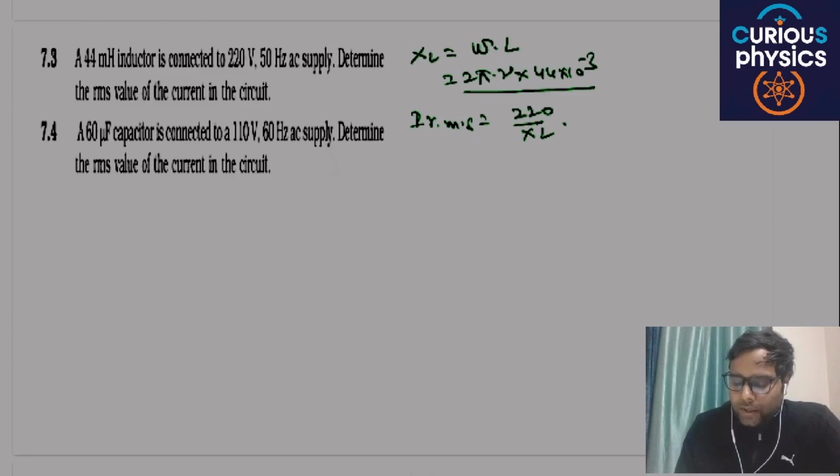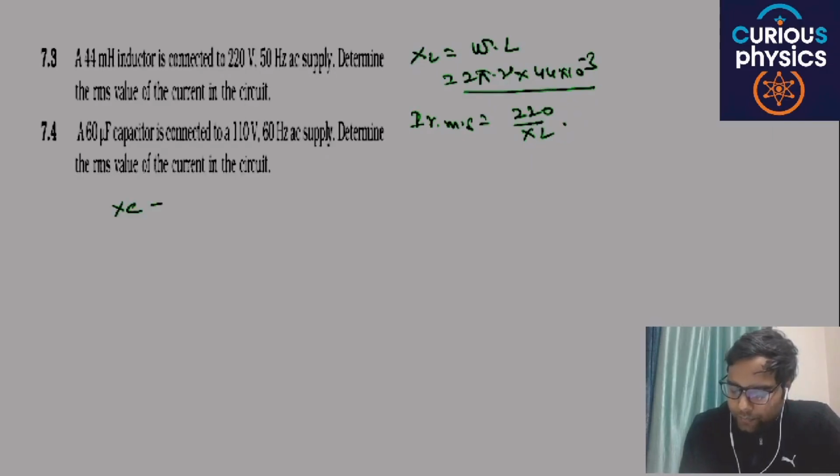7.4: a 60 microfarad capacitor is connected to this. Determine the RMS value of current. In case of a capacitor, the capacitive reactance is 1 by omega C, and that will be 1 by 2 pi into frequency into capacitance, 60 into 10 raised to power minus 6.